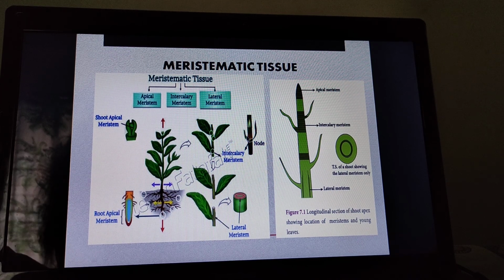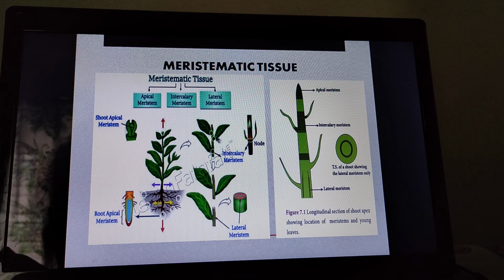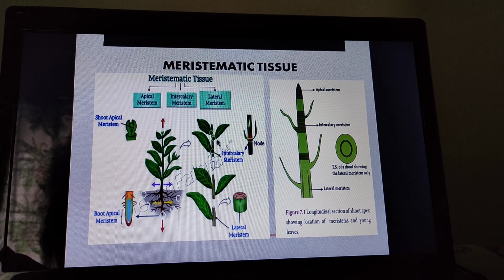So node is the portion of the shoot from where the leaf come out. So the gap between, here is another node, here is another node. So there is the gap between two nodes. This gap is known as internode. Okay.